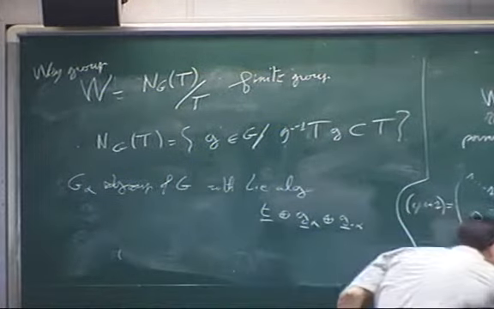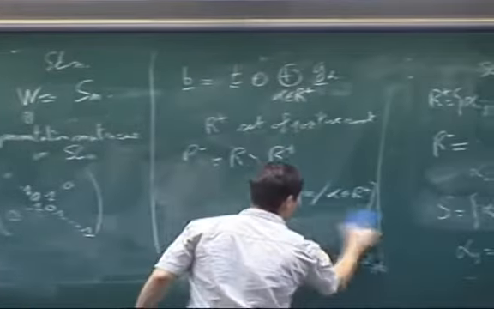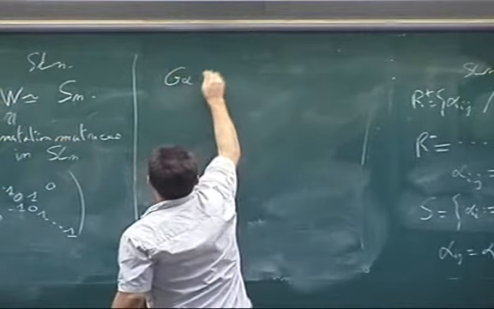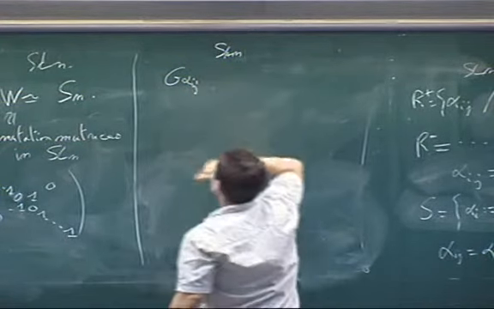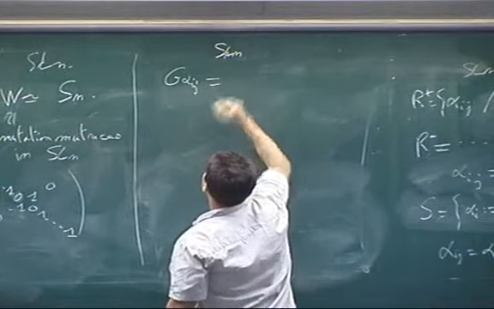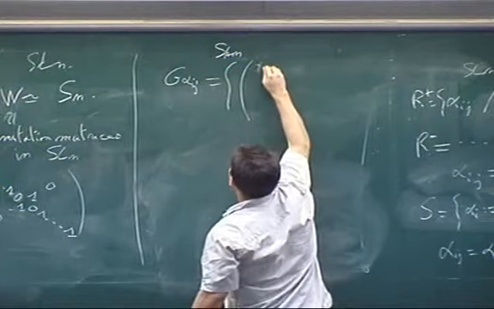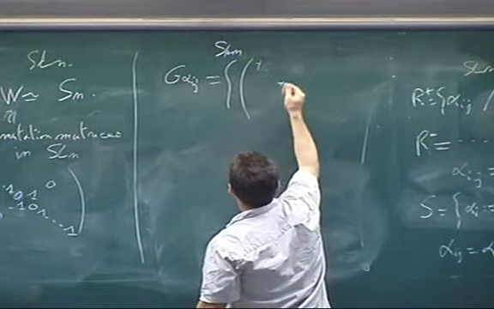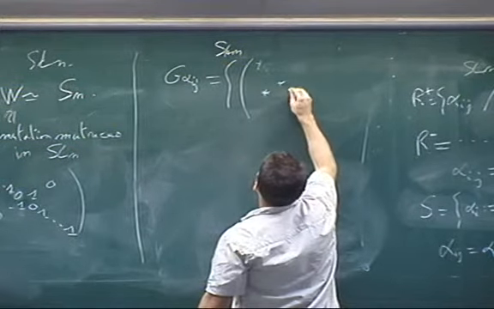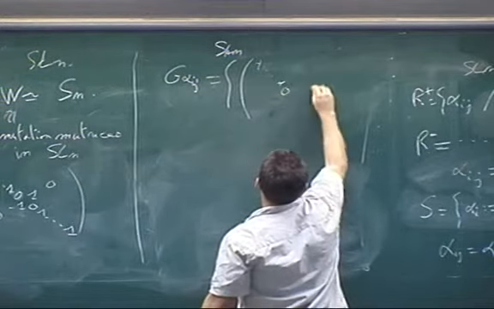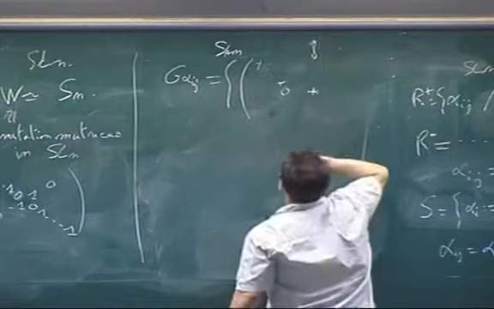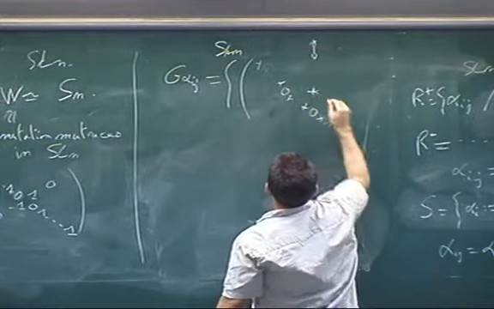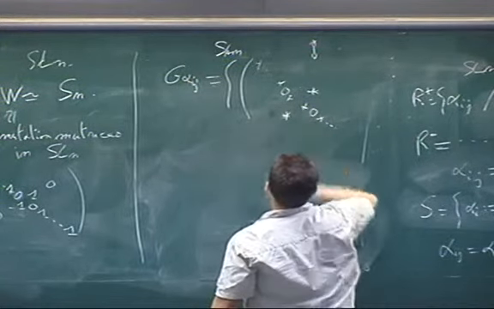For example, for SLN, G alpha ij is the set of matrices with something on the diagonal, and on line I we have some coefficient, and on column J we have something, and we have the same here, and 0 everywhere.